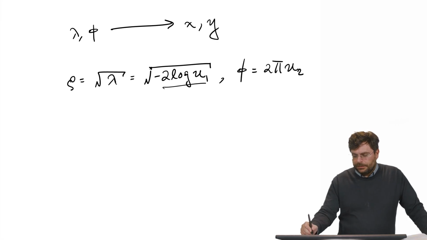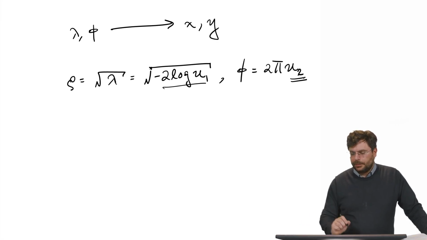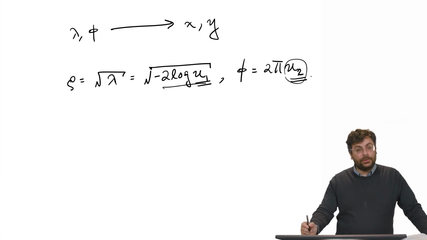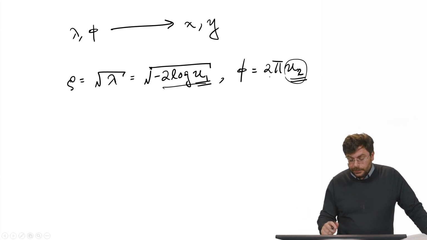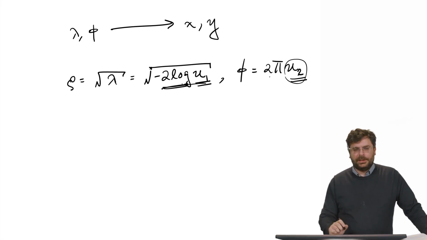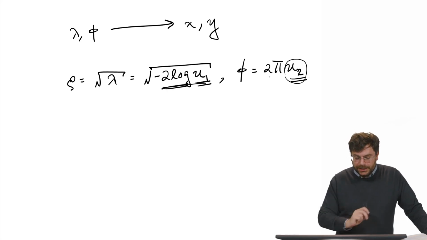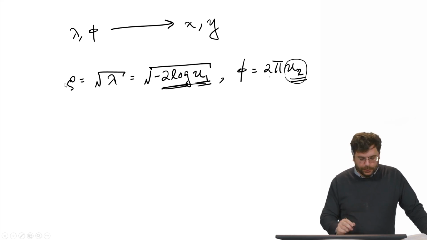So if u2, for example, is a uniform random number from 0 to 1, and u1 is another uniform random number from 0 to 1, then I can transform u2 into a uniform random number from 0 to 2 pi by multiplying by 2 pi. Similarly, I can convert my uniform random number u1 by multiplying by this term, as given in the example for the exponential distribution, and obtain my lambda, which I can then compute a rho from.